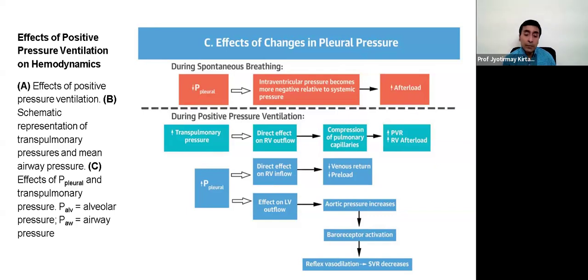If the ventricle is too much loaded, what happens to the isovolumetric contraction phase? You know 2T by r, the wall stress is 2T by the radius, right?